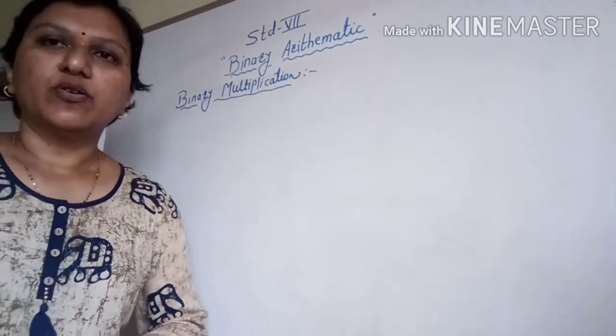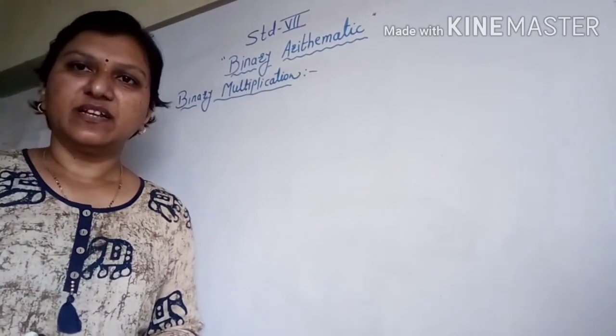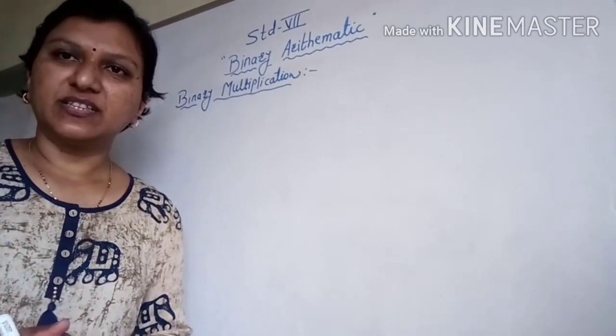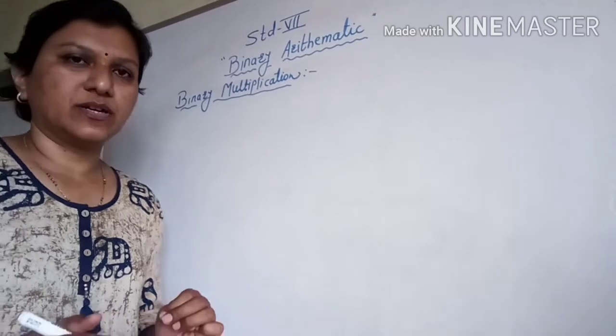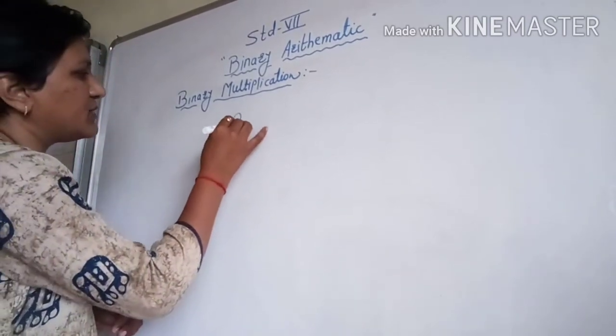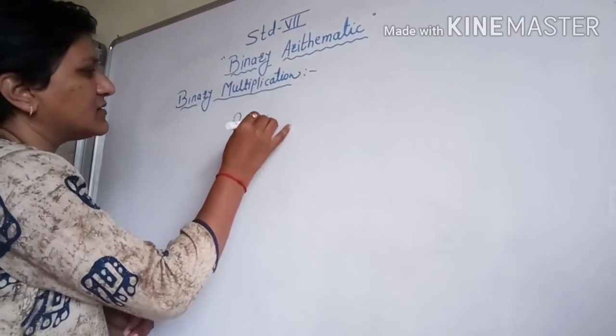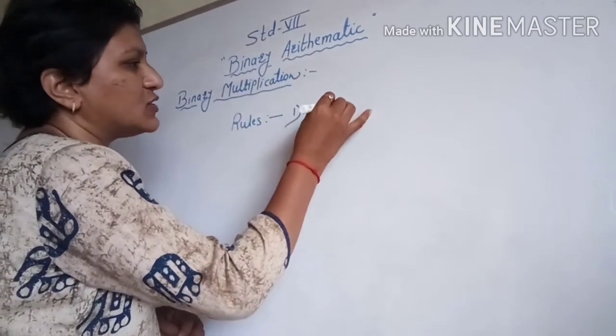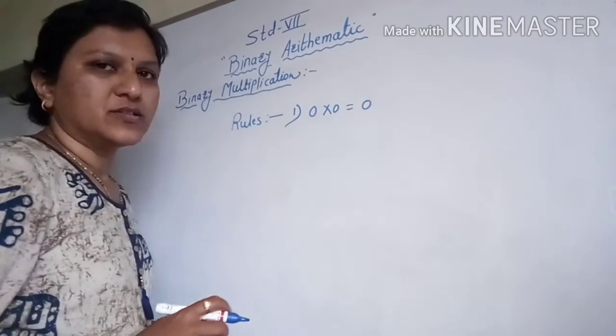Now, to learn about binary multiplication, first we will go with the rules. What are the rules for multiplication that we are going to see first? The first rule says 0 multiplied by 0 will have the value 0.